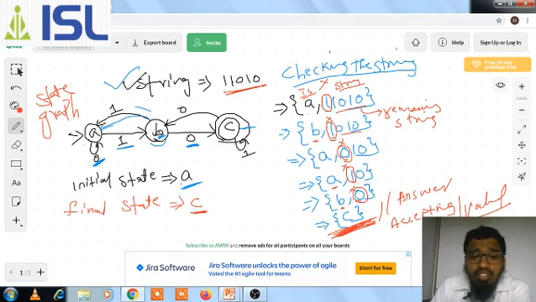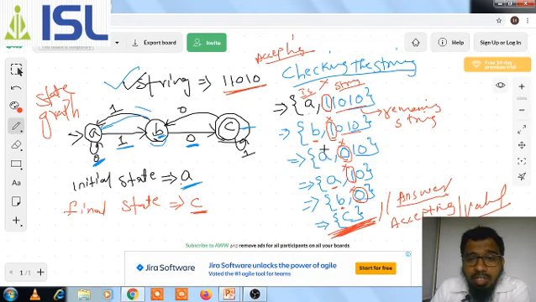If B is 0, it is going to C. We write the C, remove the 0, and write the remaining string. We don't have anything left, so this is your final answer, and the given string is accepting.